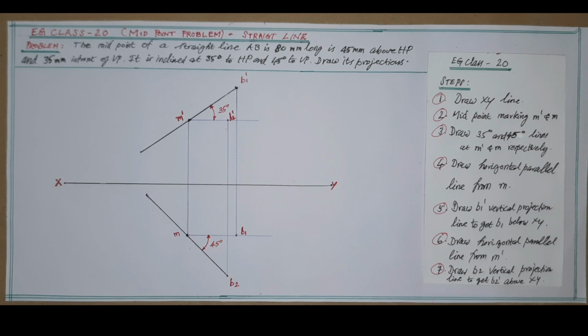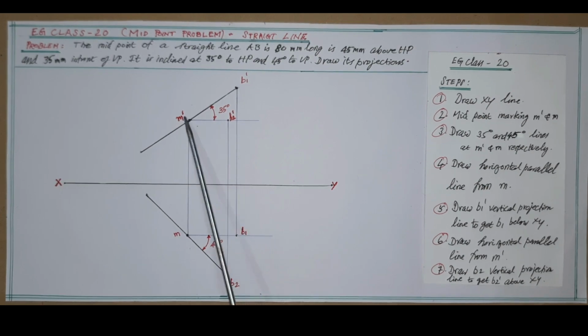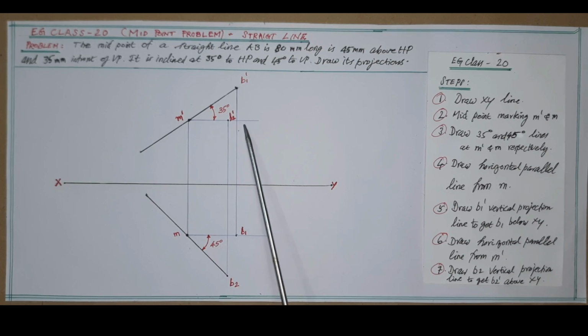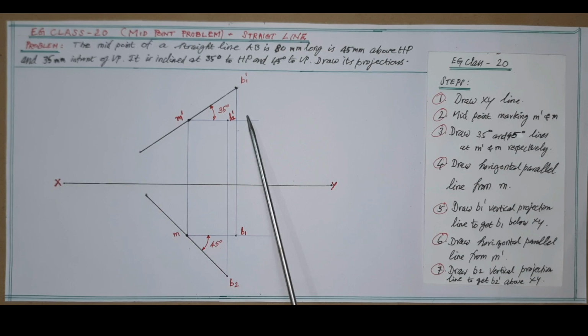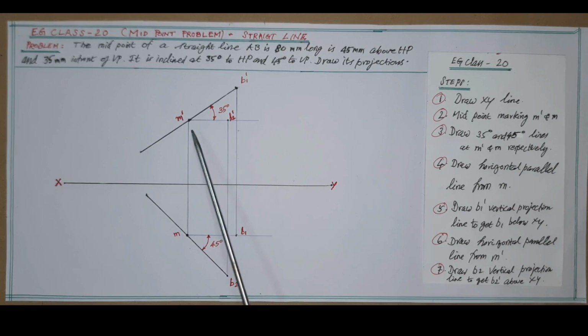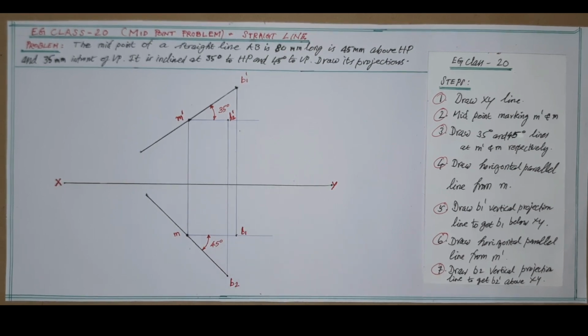Next, as per step 6, similarly for the 45-degree line, draw the corresponding front view, whose image falls in the vertical plane as shown, like a straight line with a lesser length from M dash. Since it is inclined to VP only and assumed parallel to HP, draw the horizontal parallel line from M dash as shown.